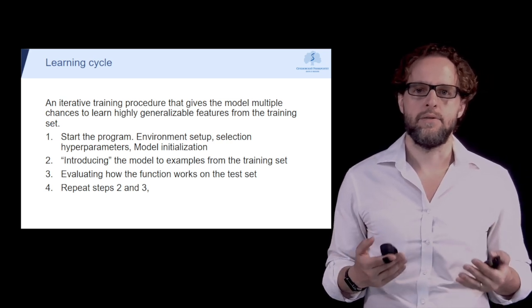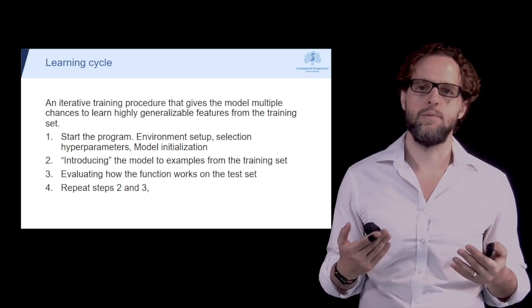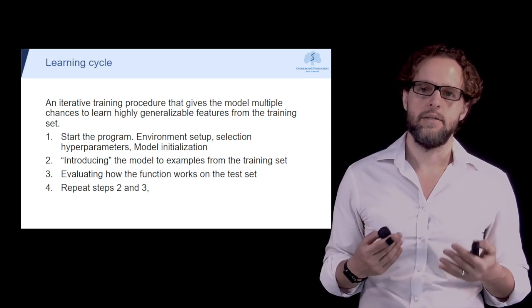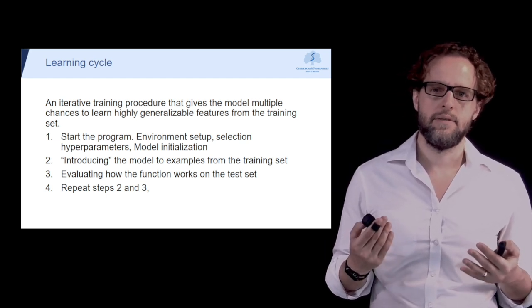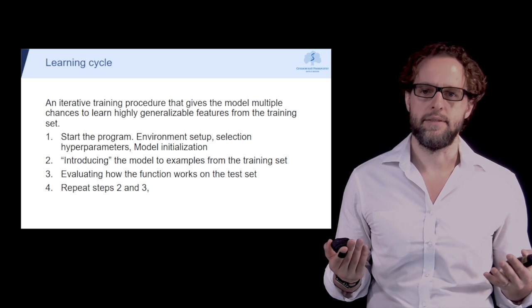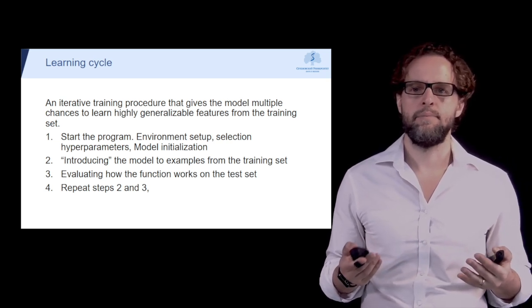Repetition of steps 2 and 3 until performance on the validation set stops increasing. And we usually repeat this cycle for different settings of hyperparameters. This process is called setting hyperparameters.